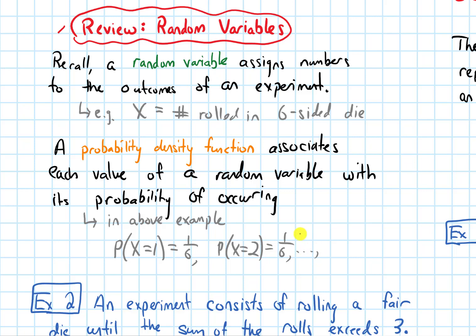And I could keep going like that until I get to the last value of x, which is x equals 6. And that also has a probability of 1/6. So this is just a simple example, and it's especially nice because the probabilities are all the same. But in general with random variables, the probabilities that we get are not necessarily going to be the same for each of the values.